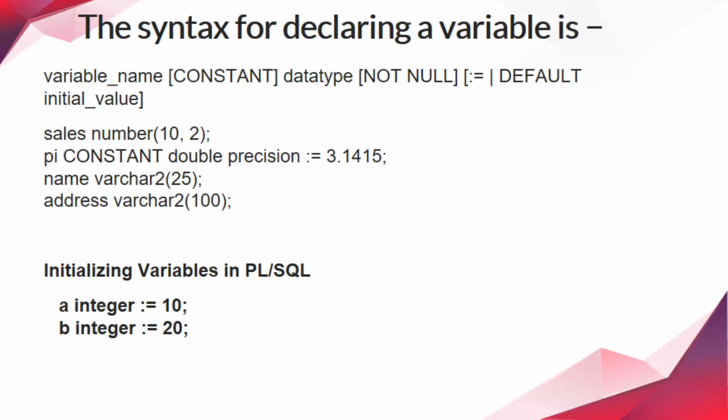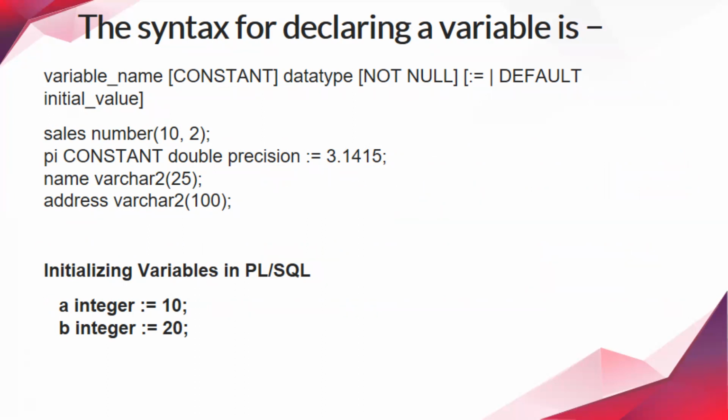We can initialize variables in the PL/SQL block itself. For example, variable name, constant, data type, and values. This is the syntax for declaring a variable with values. So sales number(10,2) means sales is the variable name, number is the data type, and 10,2 is the size.